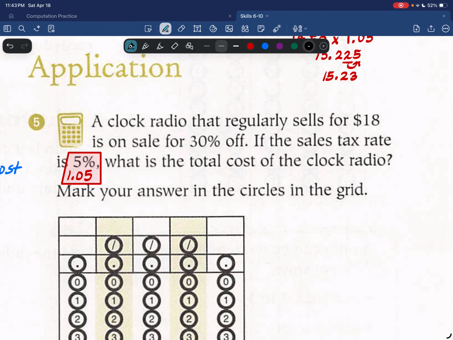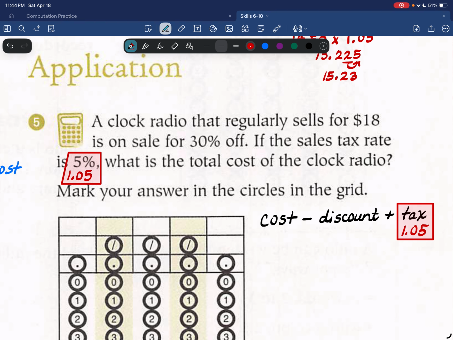All right, here is the scenario. We have the cost minus a discount plus tax. And I've already done that tax.